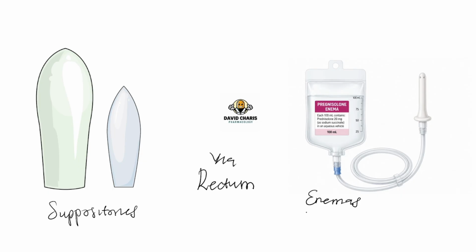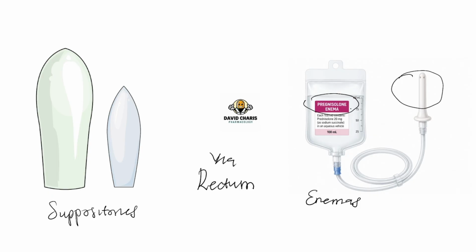And we have enemas. Enemas are liquid solutions. Here we can see this particular hose is injected into the rectum, and this aqueous solution, it might be in form of a suspension or an emulsion, is absorbed directly into the rectum. An example here is the prednisolone enema, which of course has anti-inflammatory properties.